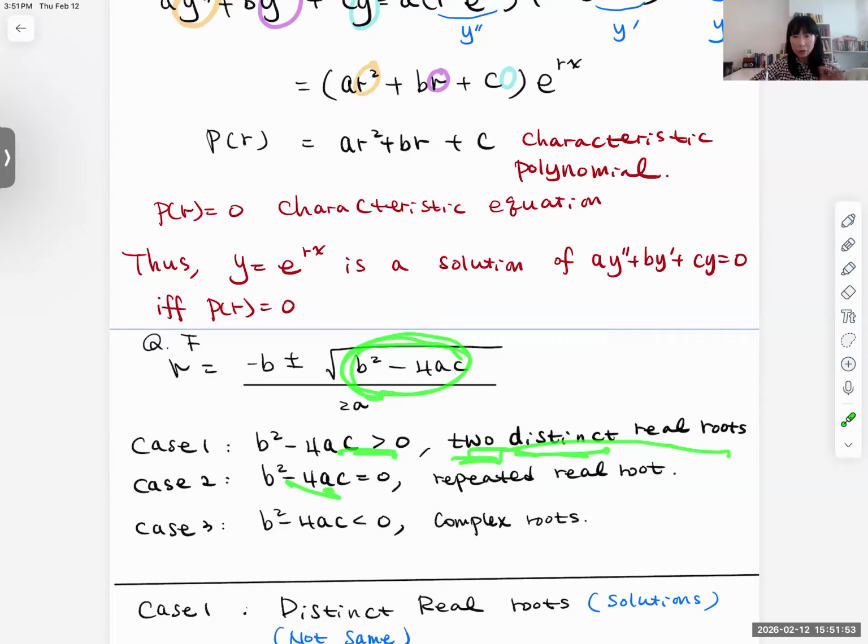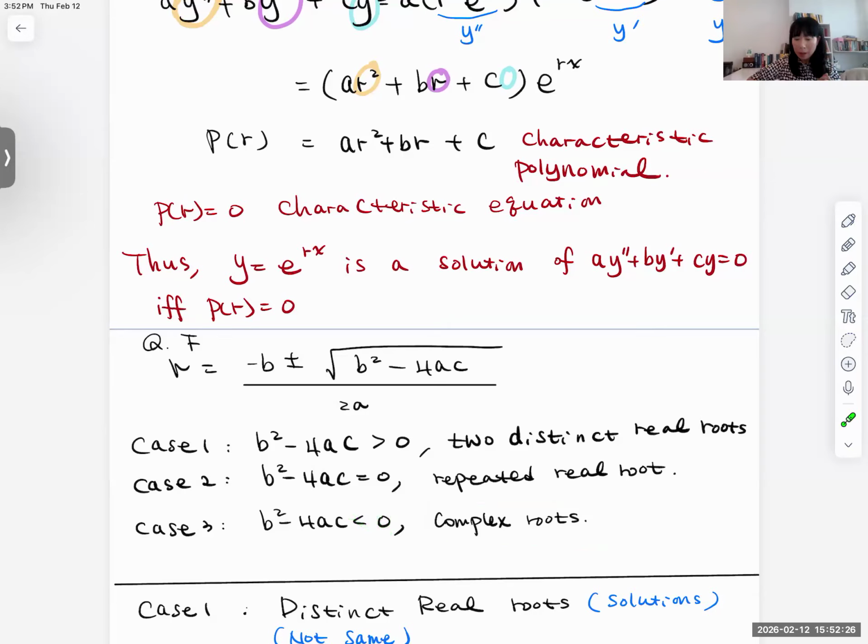In case 2, if the inside equals 0, then there is a repeated real root, for example r equals 2 and again r equals 2. In case 3, if the inside is less than 0, then there is a complex root. Why?